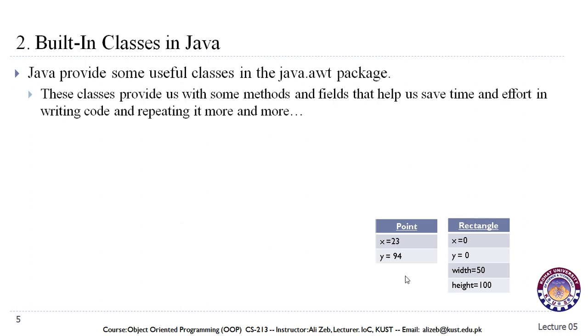One of these classes is the Point class. These classes provide us with some methods and fields that help us save time and effort in writing code and repeating it more and more.